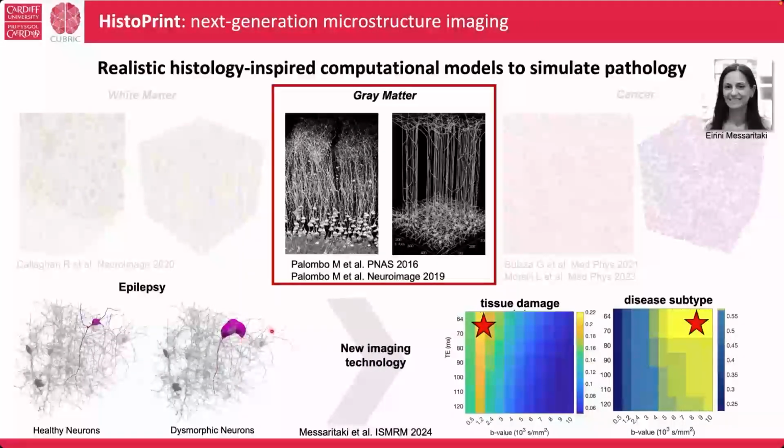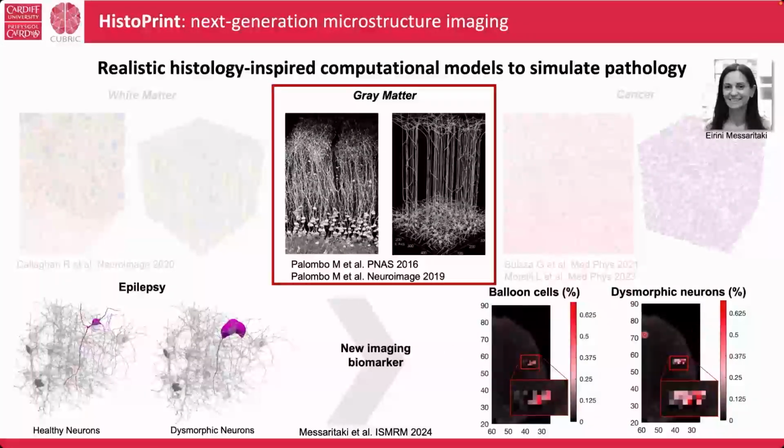And then we simulate the diffusion signal, and we ask what is the best acquisition to identify tissue damage. And this is not high b-value, so quite standard. But what if we want to classify the subtypes of epilepsy? Then you need ultra strong gradients.